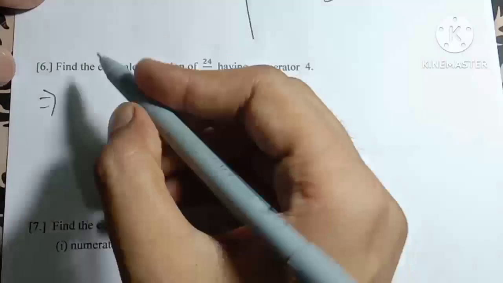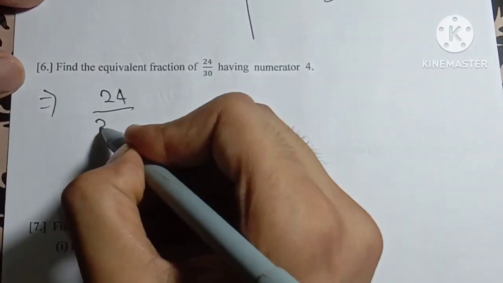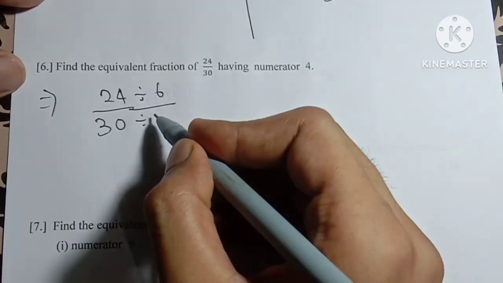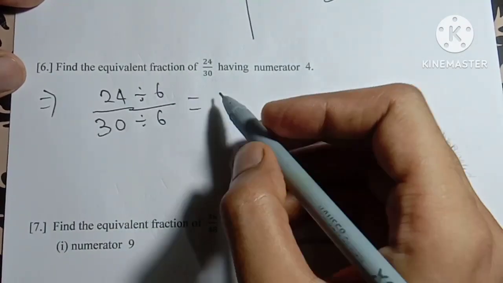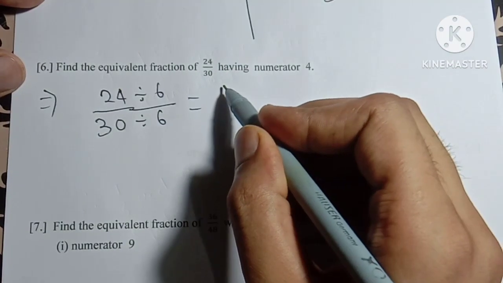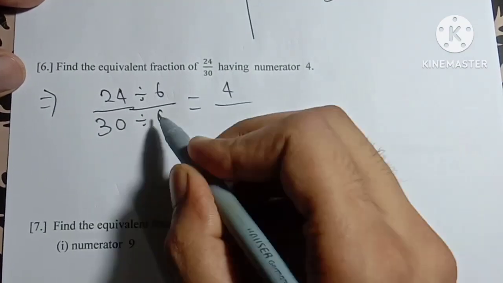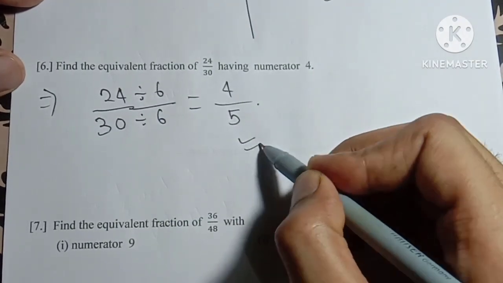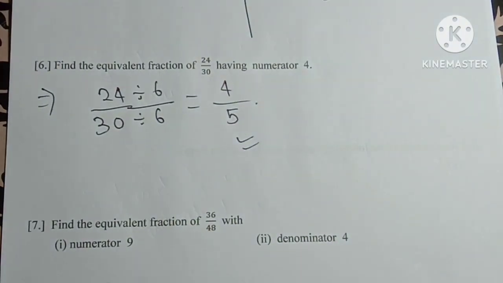So we will divide by 6. Since we are dividing in the numerator, we have to divide in the denominator as well. So on dividing, we will get in the numerator 4 and in the denominator 5. So 4 by 5 is the equivalent fraction which will have the numerator 4 of the given fraction 24 by 30.